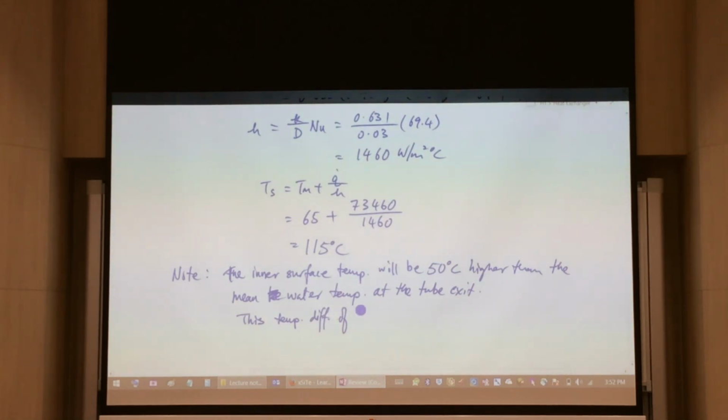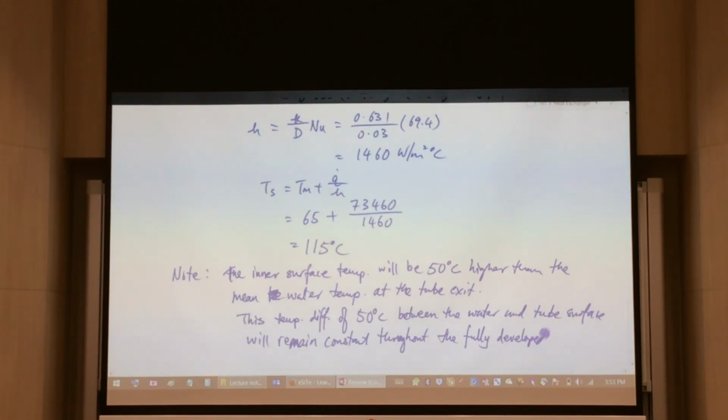So the temperature difference of 50 degrees Celsius between the water and the surface, and that surface refers to the tube surface, will remain constant throughout the flow that is fully developed flow.